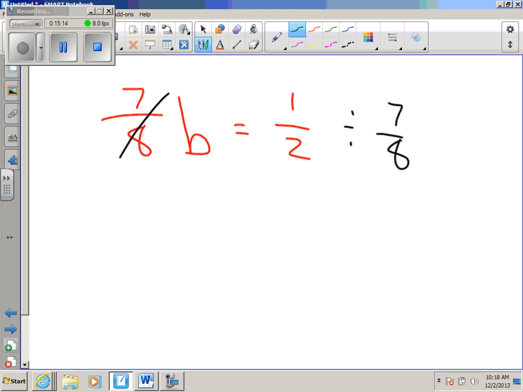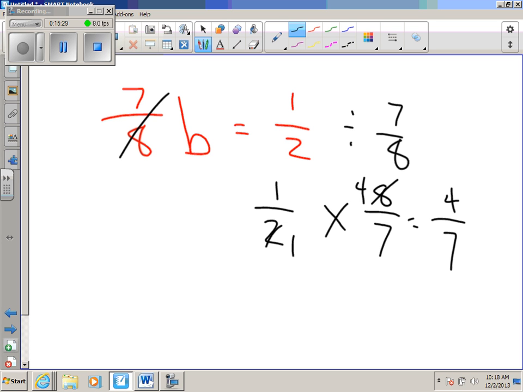Okay? So all we need to do here, bring down the half, just like I did with that whole number in fraction form, and multiply by the reciprocal. 4/1 equals 4/7. So I get a fraction for a final answer instead of that whole number that I've been used to getting. It's really, the process doesn't change.